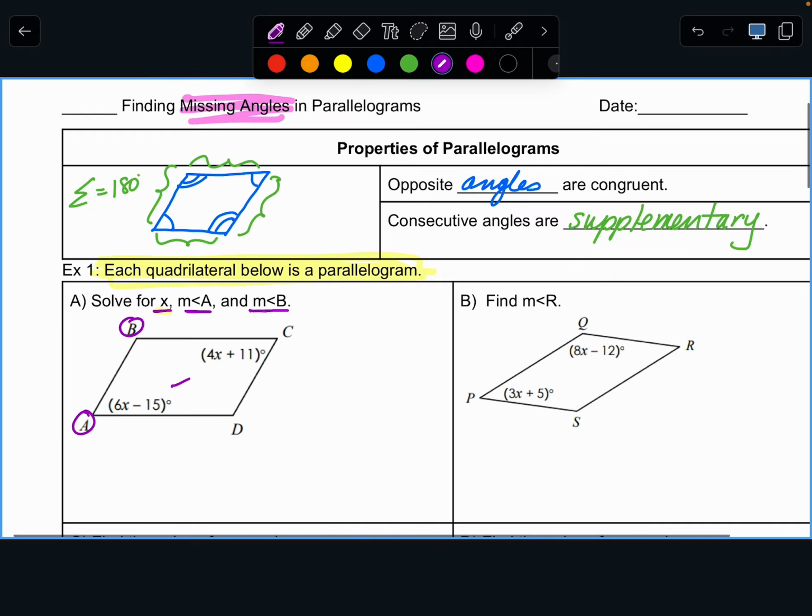So what relationship do these two have? Angle A is congruent to angle C. So they equal each other. So then I can just write 4x plus 11 equals 6x minus 15.